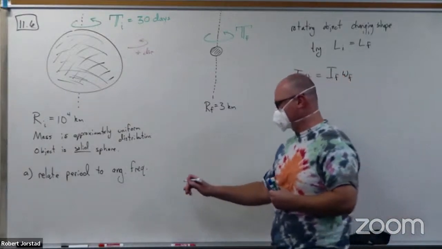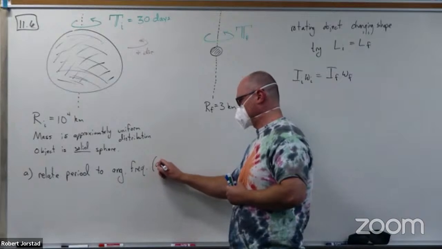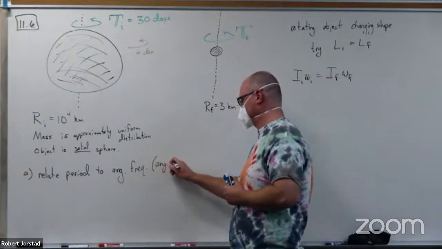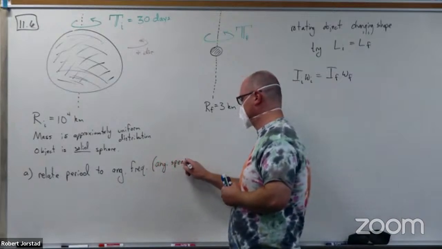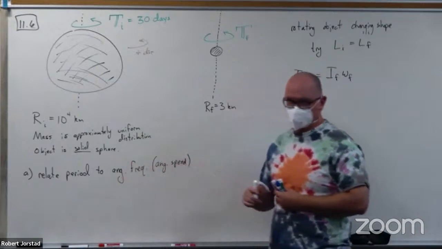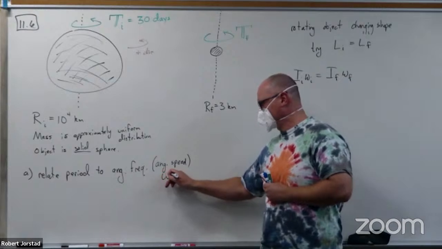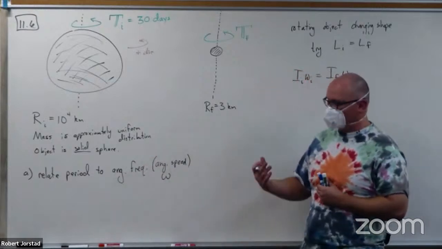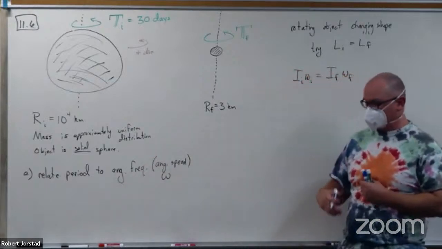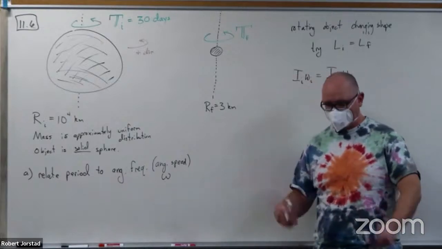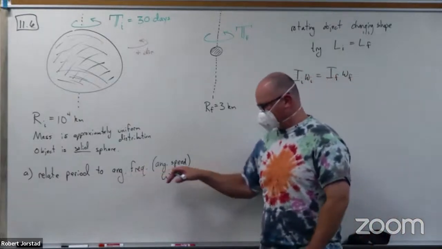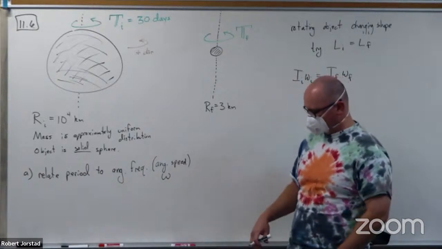Angular frequency is exactly the same thing as angular speed. What symbol is angular speed? Omega. So angular frequency, notice omega has three different ways to say it. You can say angular velocity and include a unit vector. Angular frequency or angular speed, just say omega.